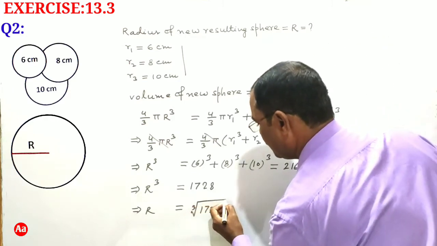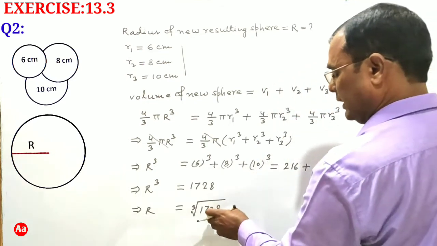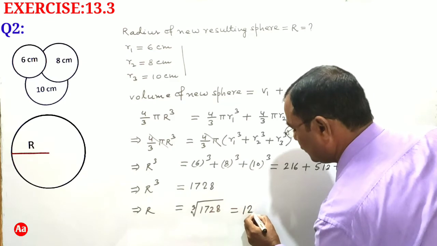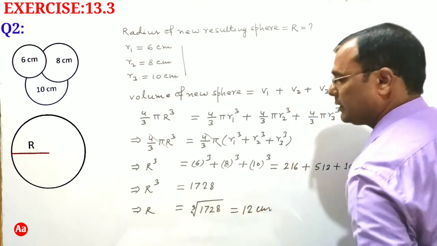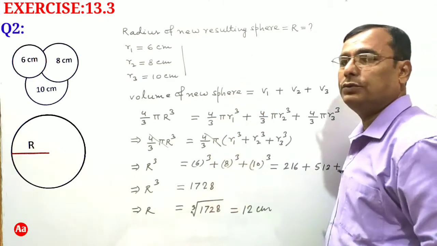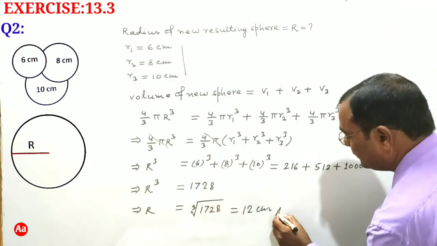And this cube root of 1728, if we find by factorization method, we find it equal to 12 centimeter, and this is the required radius of new resulting sphere. So this is the answer.